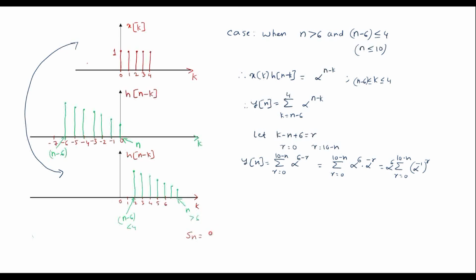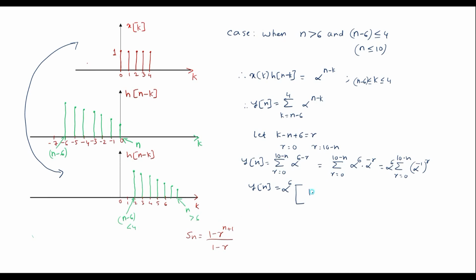is equal to 1 minus r power n plus 1 divided by 1 minus r. So y of n is equal to, here alpha power 6 is constant, write it as it is. So now here we have r equal to 0 to 10 minus n. This 10 minus n is nothing but n.